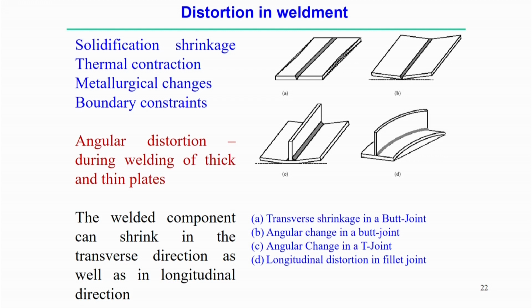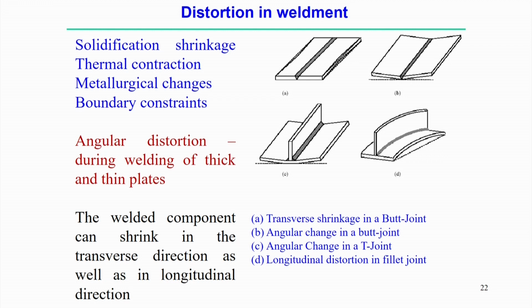So, whether the distortion is concave type, convex type, or simply angular distortion, all can be measured straightforwardly, probably using a simple coordinate measuring machine or some laser scanning system, with respect to some reference point.